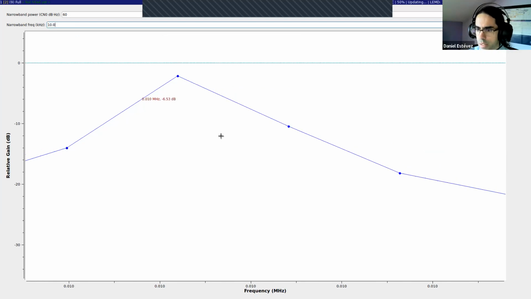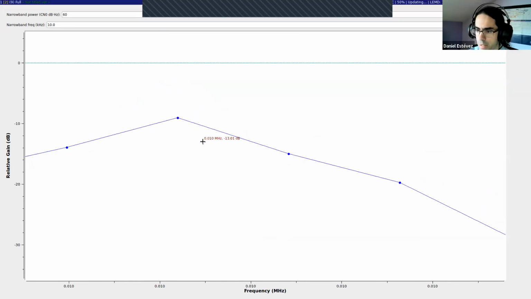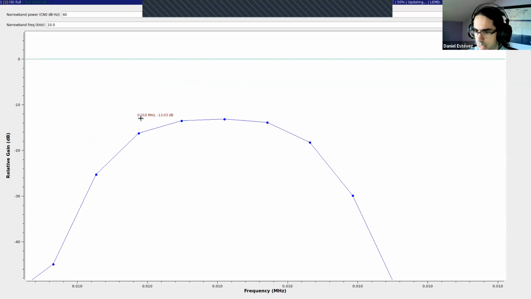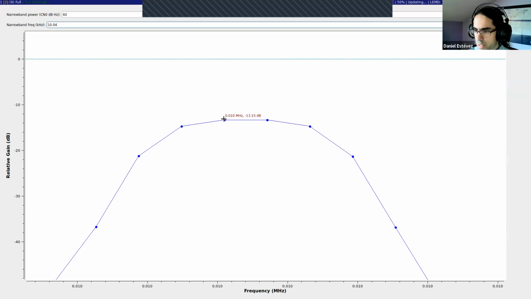Whereas if I do the flat top window, then as the name indicates, this is flat. And if I go 0.4, it moves, but since it's flat, it doesn't decrease. So that's one of the advantages of the flat top window.